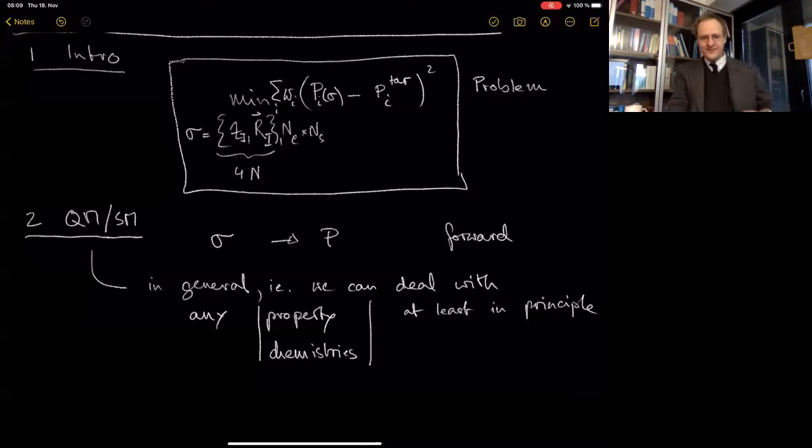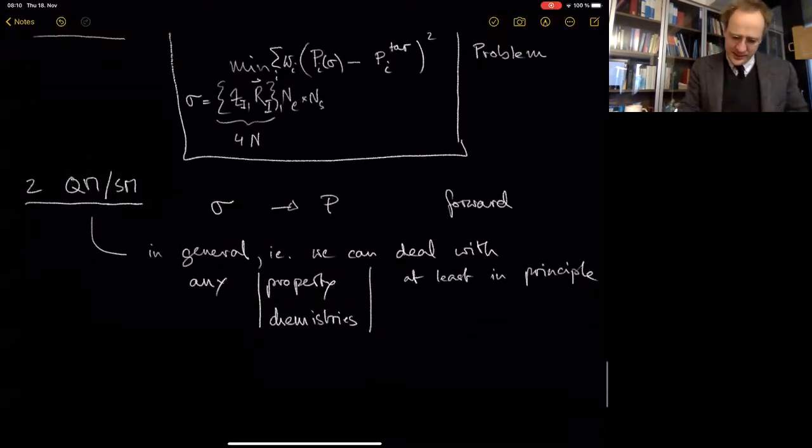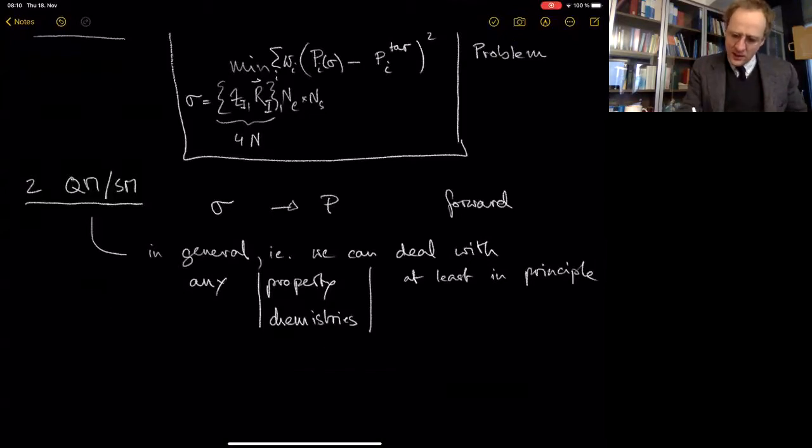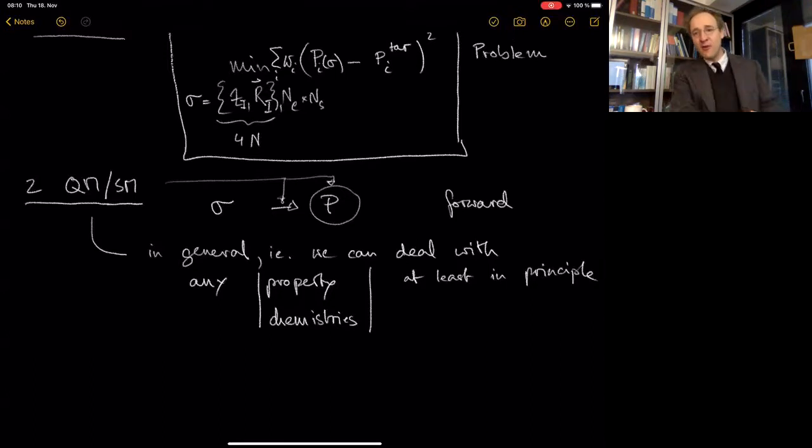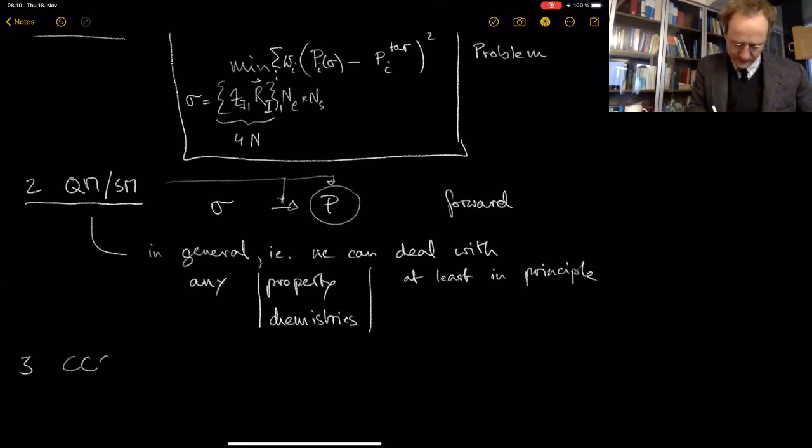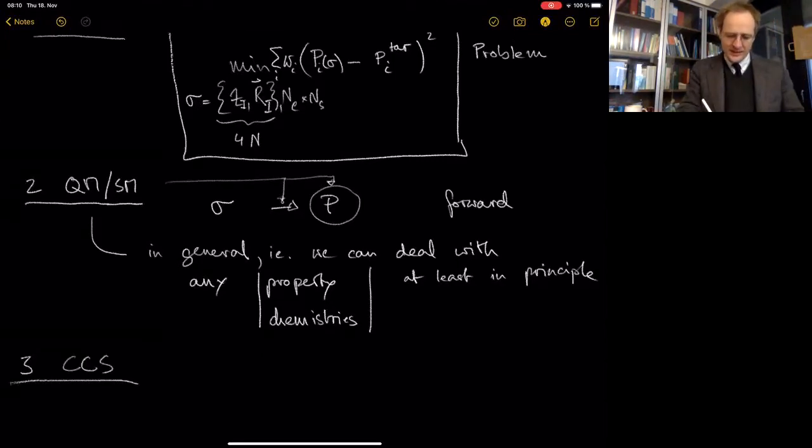So we finished this chapter, and now this is basically what defines our property and what defines our forward map. And I'd like to talk now in the third chapter about chemical compound space, which means we want to talk about the sigma.